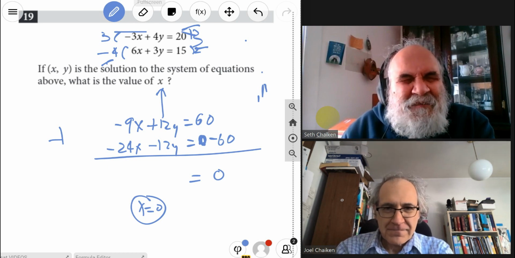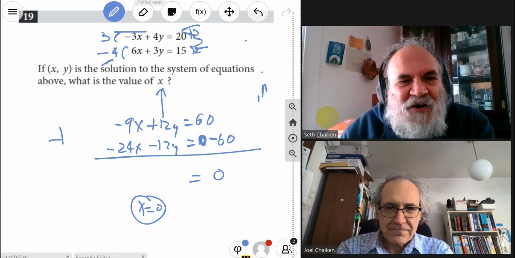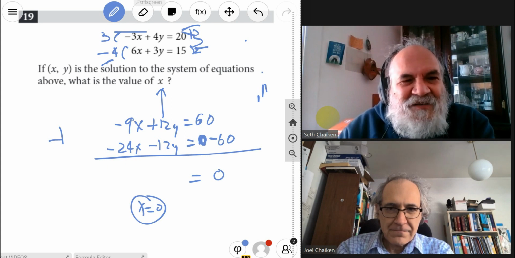Backing up from what Joel accomplished, Joel did this calculation and got x equals 0.